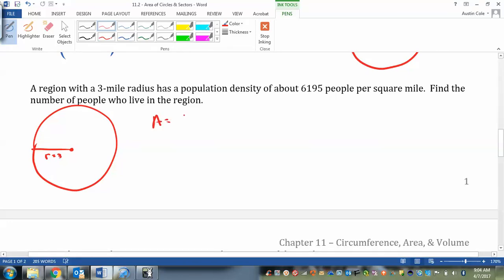Area equals pi times my radius, which is 3, squared. Area is going to get me 9 pi. I'm actually going to multiply that out. 28.27 square miles.